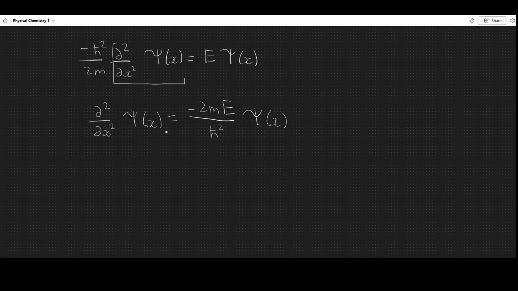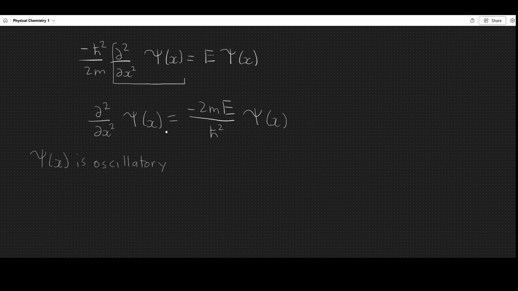We see that if we take the derivative twice with respect to x of this wave function, it is generally equivalent to the original function. And so that implies that psi of x, the wave function, must be oscillatory in nature. Okay, so we know that psi of x is oscillatory.